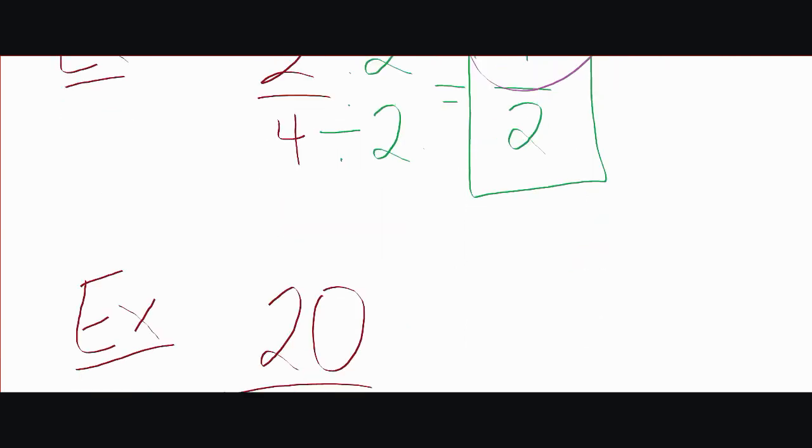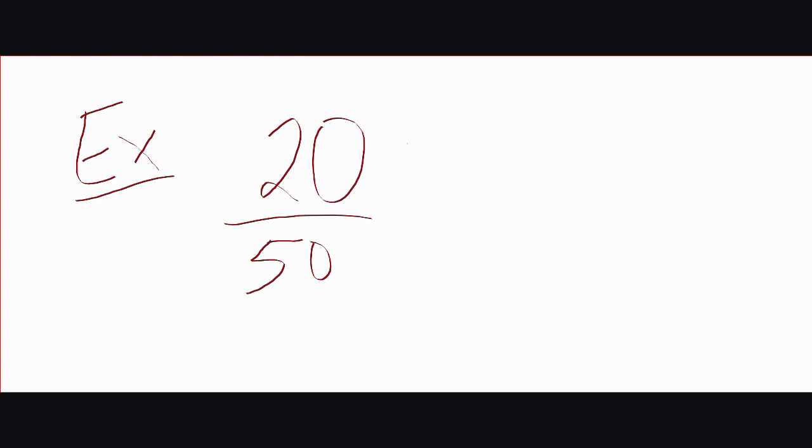Let's take a look at another example. Here we have 20 over 50. Once again, we want to ask ourselves, is there a number which goes into both the top and the bottom? Absolutely there is. There's actually several options. Let's pick the largest one now. Let's divide the top and bottom by 10. And we know 10 goes into both of these numbers because, well, they both have a 0 at the end.